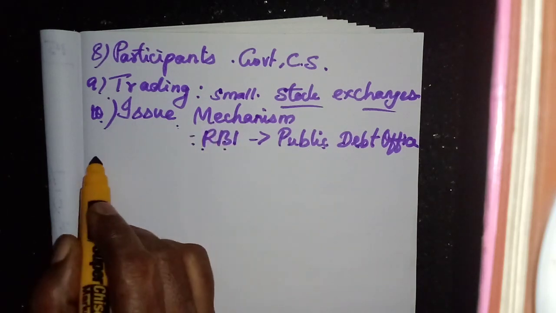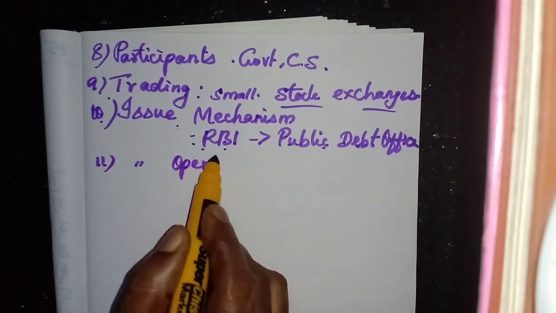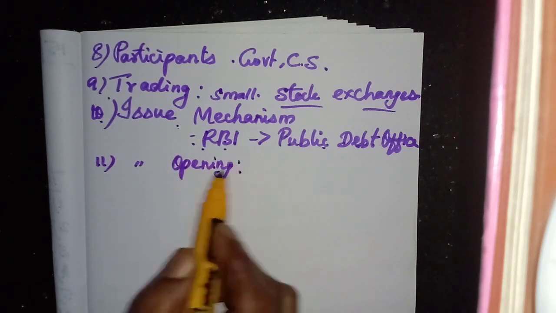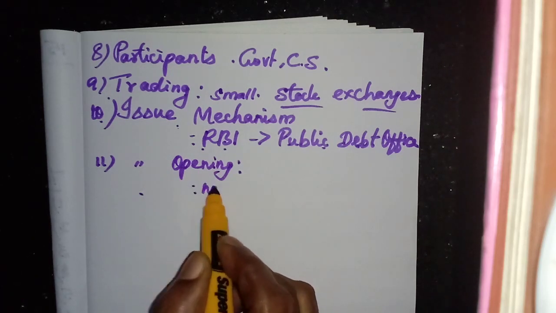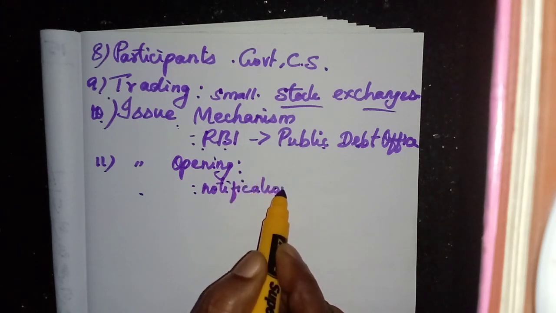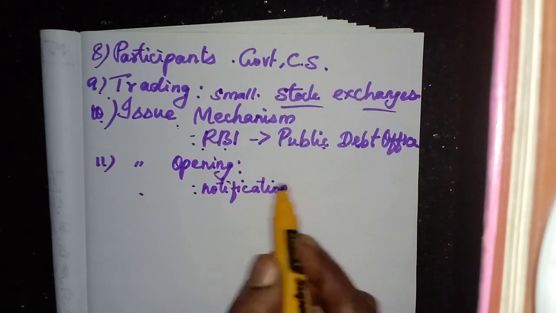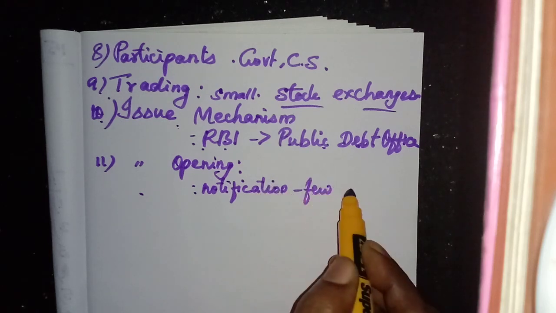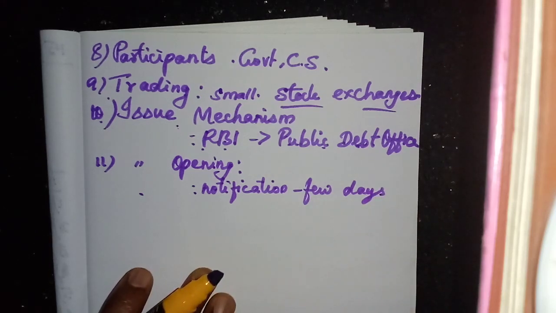Then issue opening. How long will it be open for the public to purchase? They will give a notification, a notice a few days before issuing the securities, or they will say for 3-5 days it will be kept open.